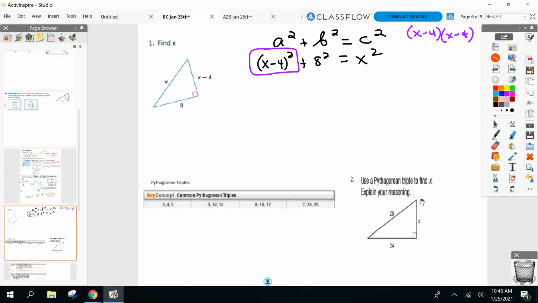X squared minus 16. Oh, I think you forgot some middle terms there. I got the x squared, right? And then you do x times negative 4, which is negative 4x. And then you do the negative 4 and you get another negative 4x. Those don't cancel out. What do you get with those, Emily? Negative 4x minus 4x turns into what?